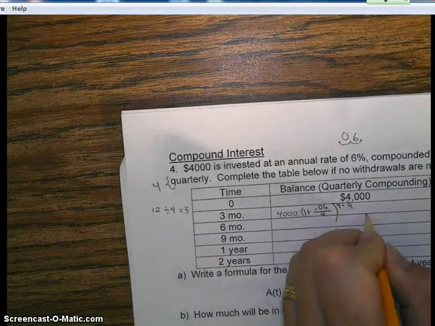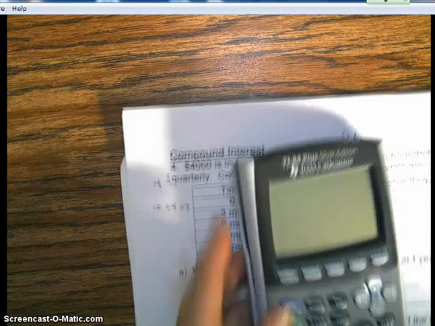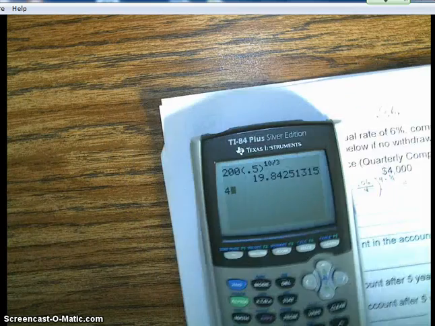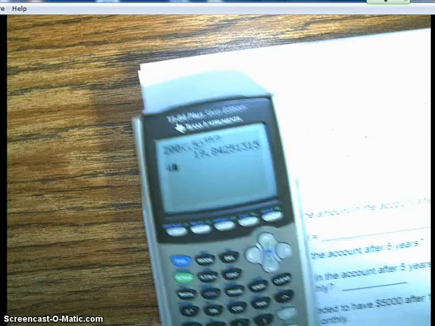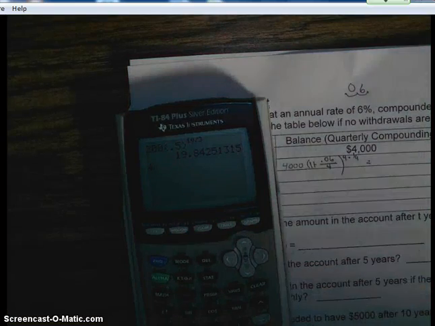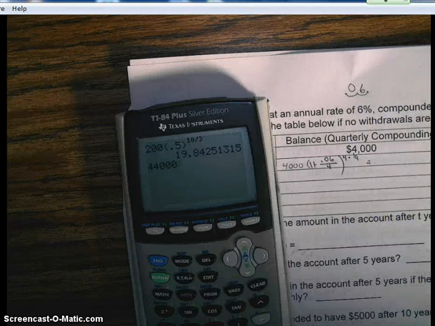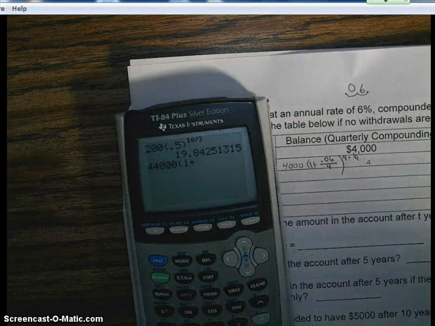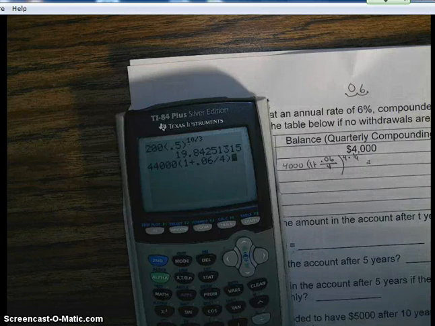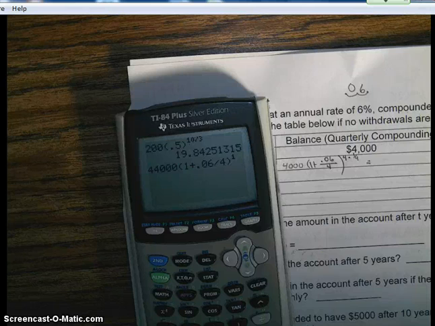So plugging this in, we have 4,000 times 1 plus, and then we have, and we're going to raise that to the first power, because 4 times 1/4 is 1.